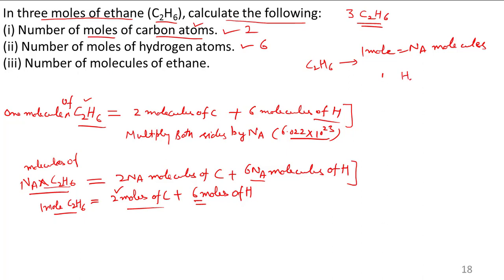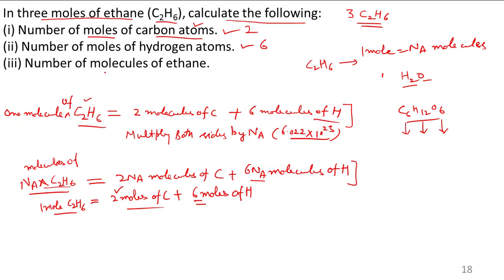Similarly in water, 1 mole of water will be equal to 2 moles hydrogen, 1 mole oxygen. In glucose, C6H12O6, 1 mole of glucose will be equal to 6 moles of carbon, 12 moles of hydrogen and 6 moles of oxygen. Similarly, 1 molecule of this glucose will be equal to 6 atoms of carbon, 12 atoms of hydrogen and 6 atoms of oxygen.